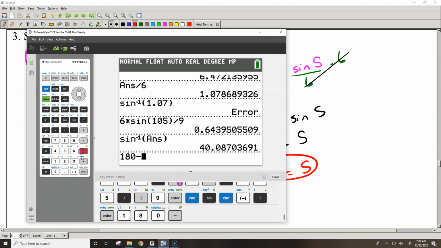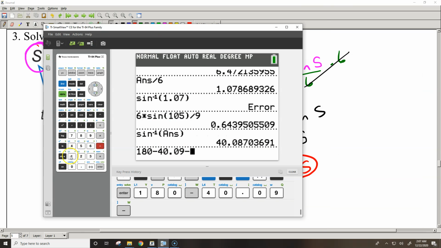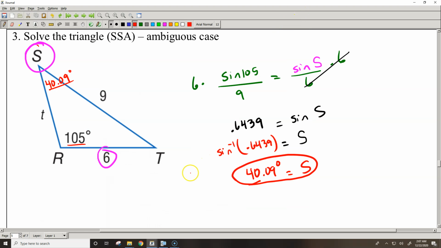So 180 minus 40.09 is what I wrote on my paper, minus the other angle, which is 105. And that gives us 34.91. Okay, so now we know that angle T has to be 34.91. The only other piece of information that I need to find is side T.